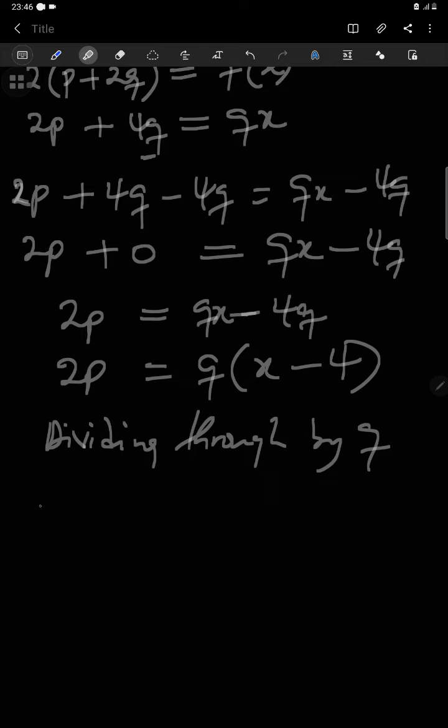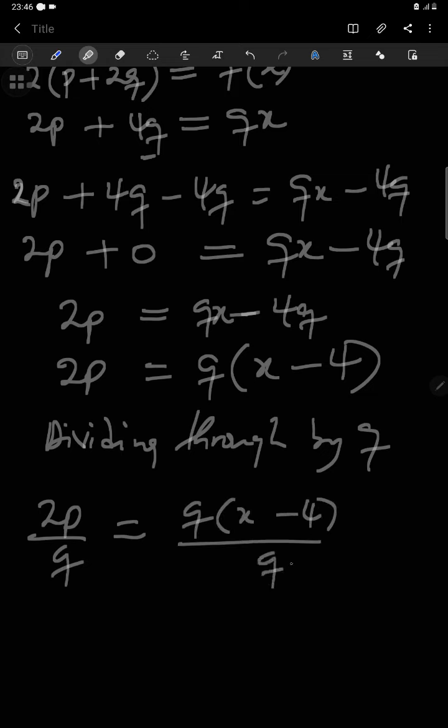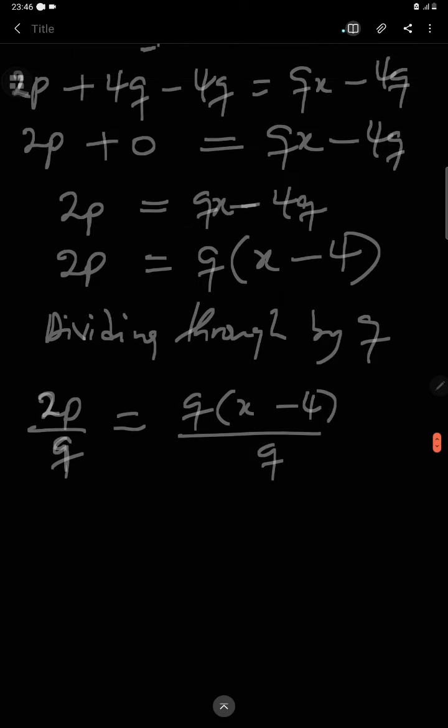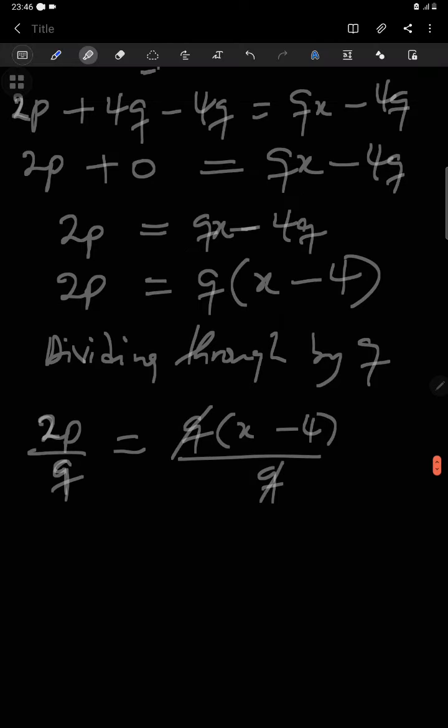What will I get? 2p over q is equal to q times x minus 4, over q. You see what I'm getting? Good. So if I do this, this q and this q will go, right? So what do we get?